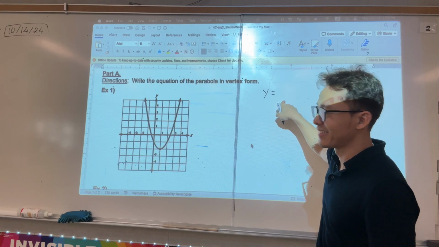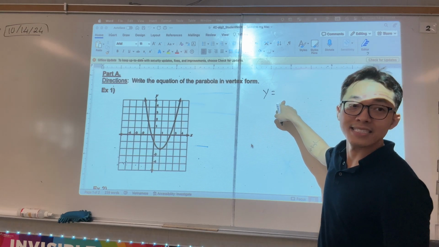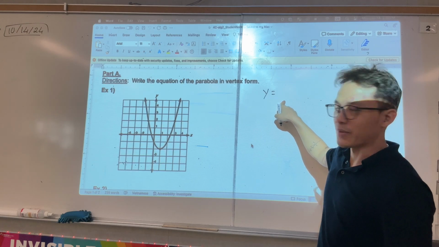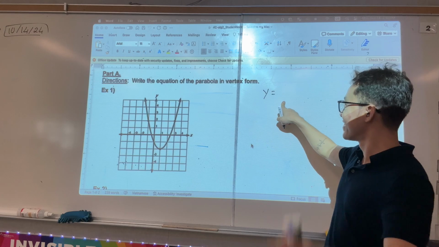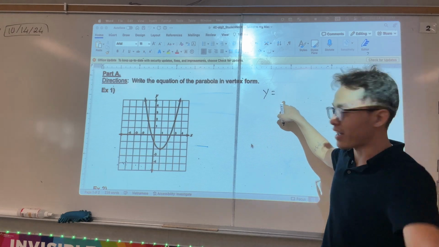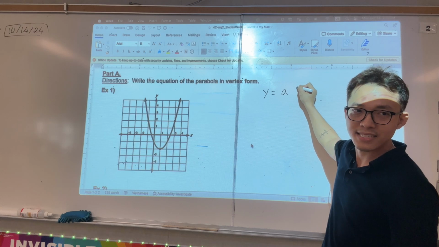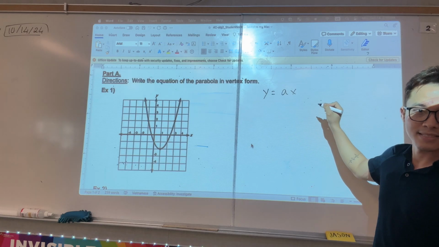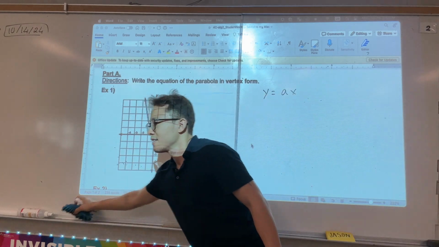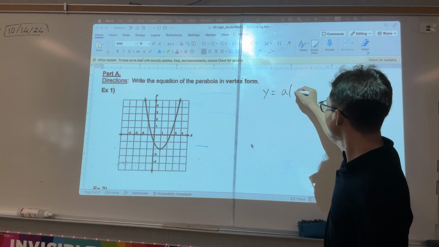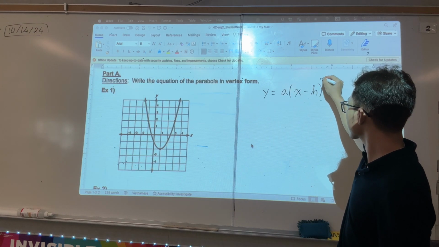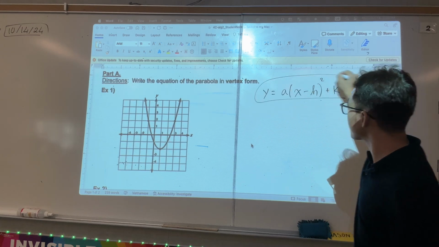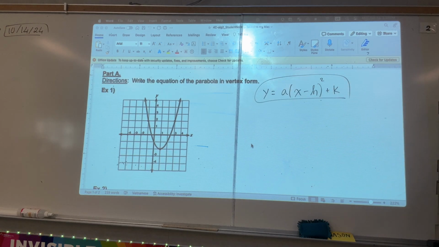Joanna? Y equals a, parentheses x minus h, to the power of 2, plus k. That's the vertex form. You should memorize it. Maybe I can ask you about this too. All right, let's give Sasha 1 point.